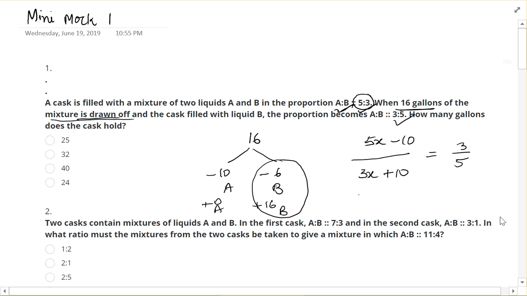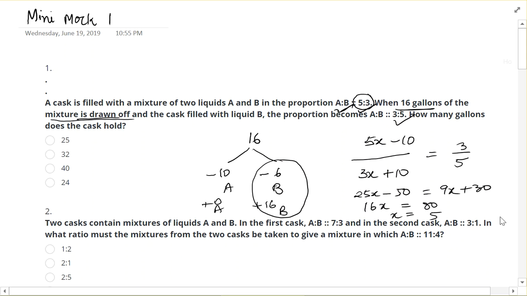So 25x minus 50 is equal to 9x plus 30. 16x is equal to 80, x is equal to 5.